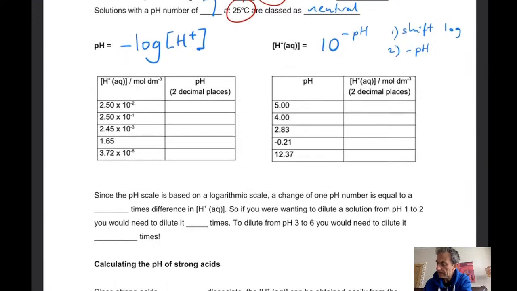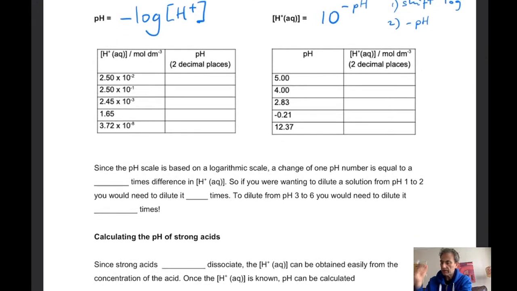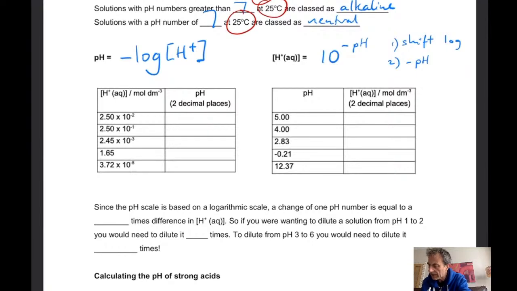Right, so some practice now. If you've got your calculators there, you can do these as we go. Which part do you mean? The pH part or the H plus concentration part? Both, okay.